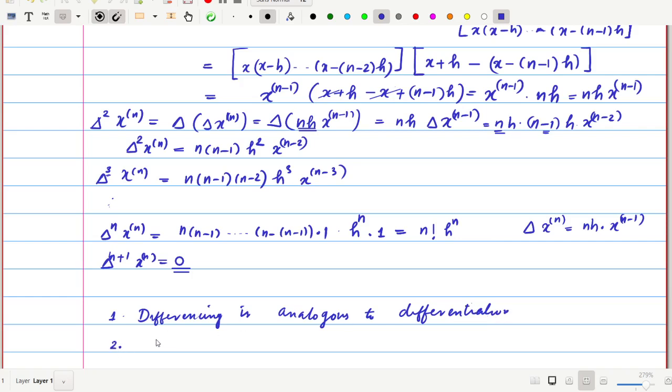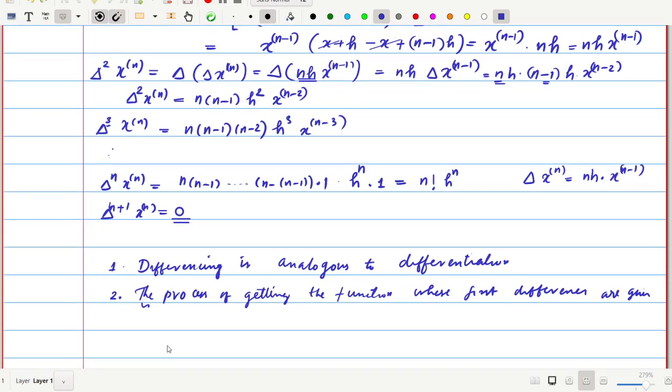Similarly, the process of getting the function whose first differences are given is analogous to integration. So we will expect all the properties of integration and differentiation for these two processes.